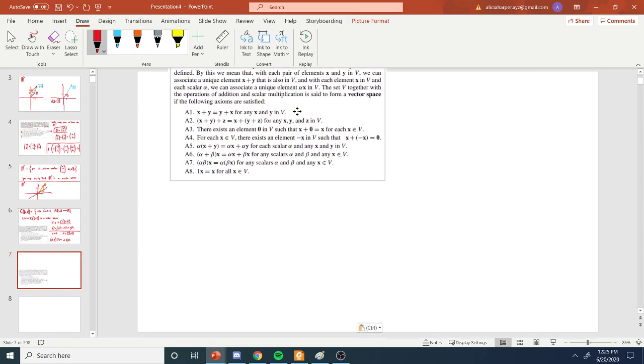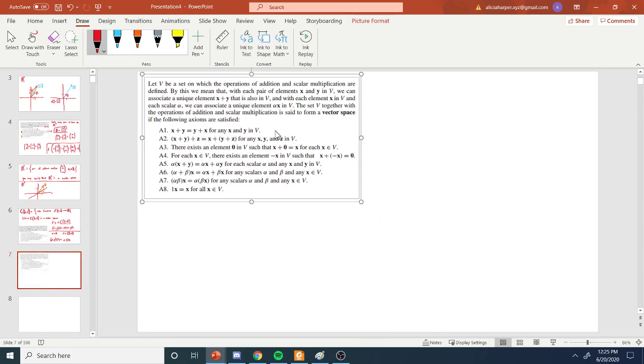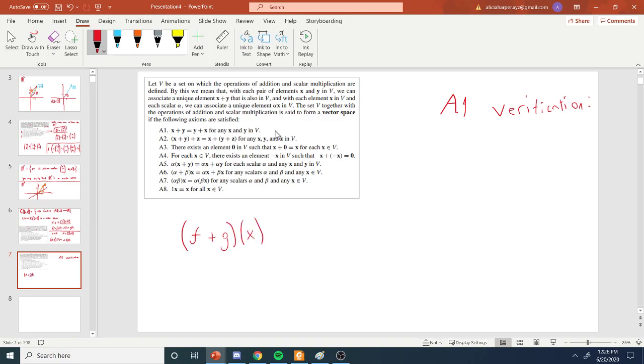How about we check axiom A1? So A1 verification. So we want to check that addition is commutative. So let's consider the sum of f plus g evaluated at x. Well, this of course is by definition f of x plus g of x.